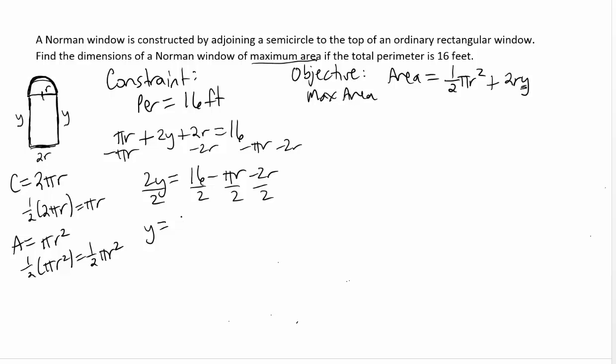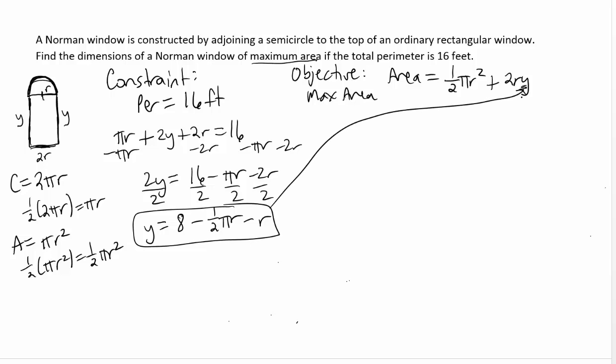So it looks like y is going to be 8 minus, I'm going to write this as 1/2 pi r, and then minus r. And now I'm going to take all of that, and I'm going to put that right here where this y is. So my new area function would be 1/2 pi r squared plus 2r times 8 minus 1/2 pi r minus r. And we definitely need to clean this up a little bit here.